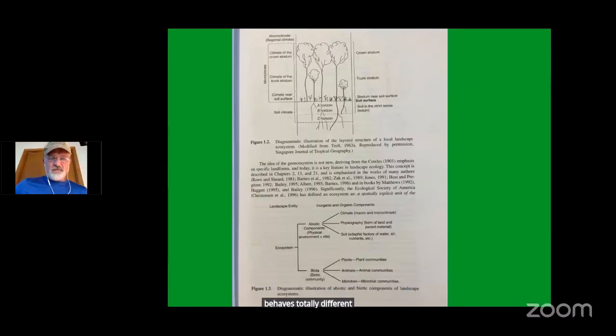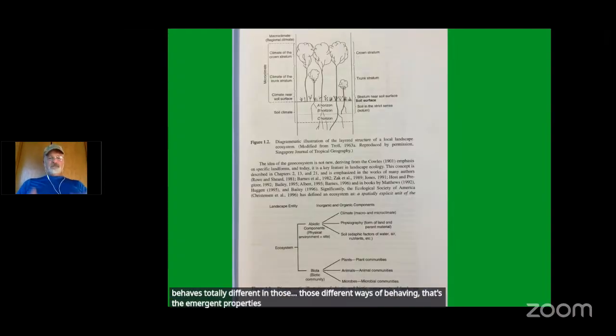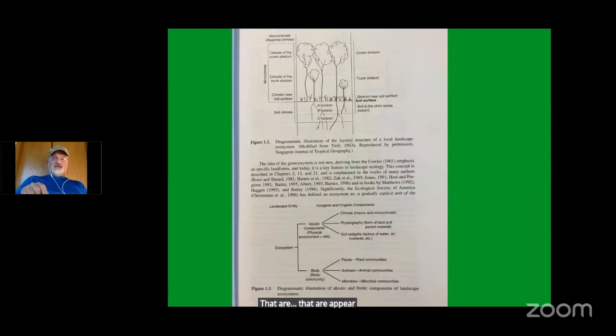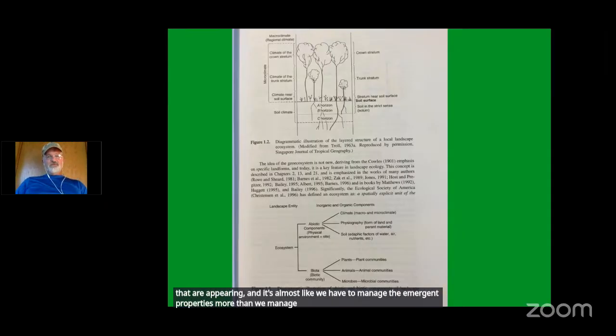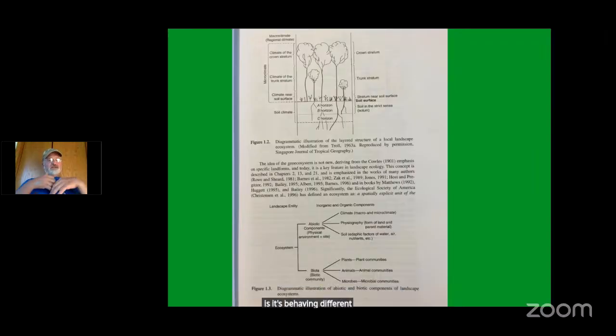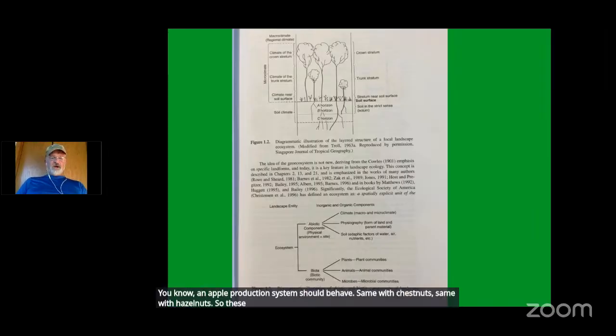And those different ways of behaving, those are the emergent properties that are appearing. And it's almost like we have to manage the emergent properties more than we manage individual species. Like what's going on in my apple orchard right now, I can't really call it an orchard because it sure doesn't look like one, it's behaving differently than any of the books have ever told me how an apple production system should behave. Same with chestnuts, same with hazelnuts. So these emergent properties are really, really significant.